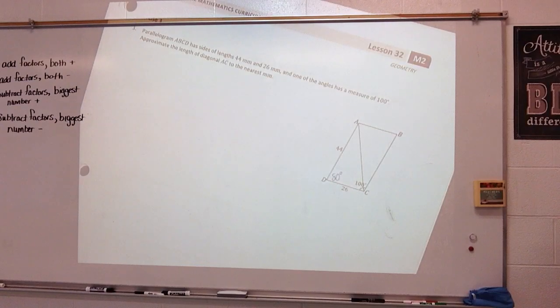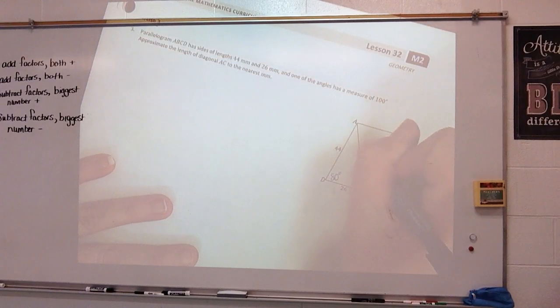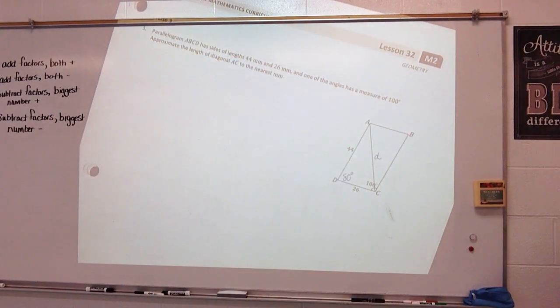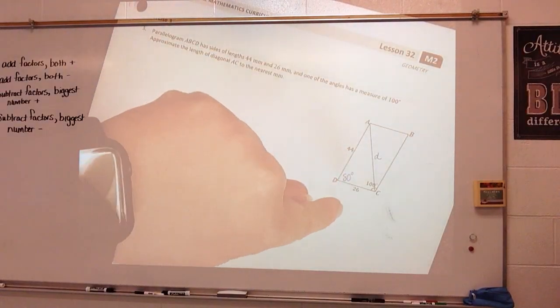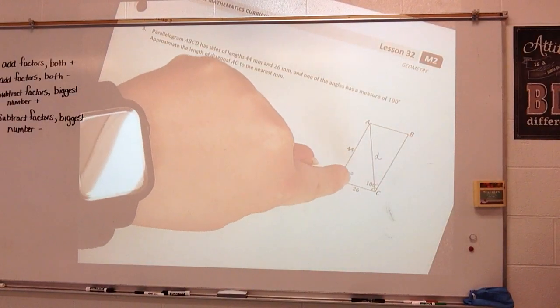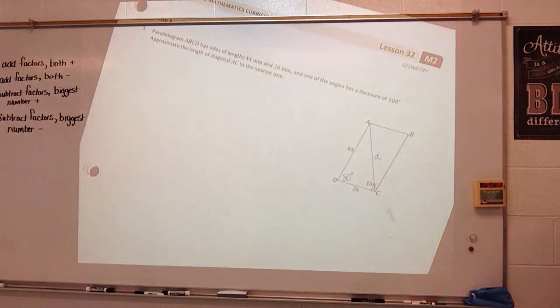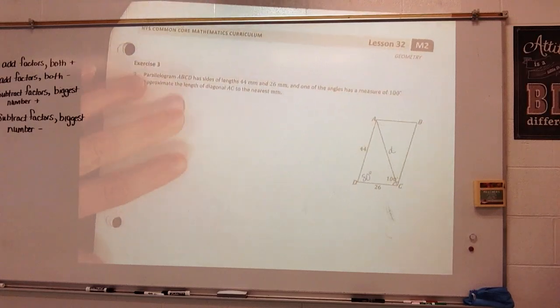Alright, so we're going to let little d represent the length of AC. So I'm trying to find little d here. We're going to plug it into the law of cosines.